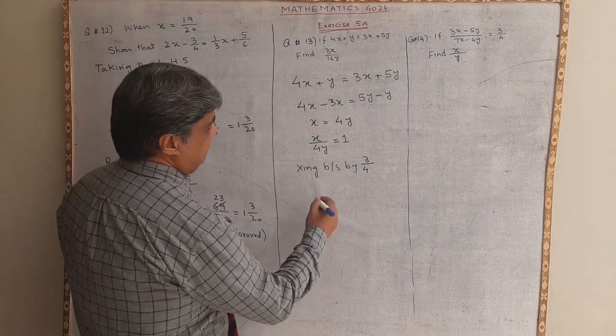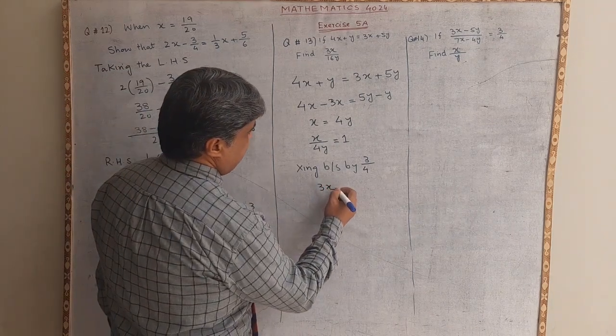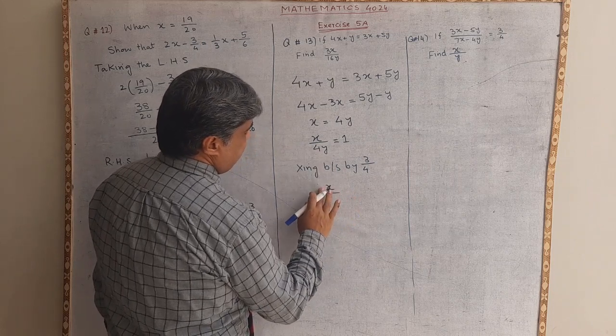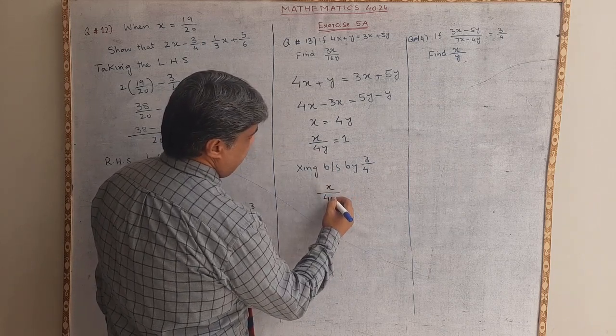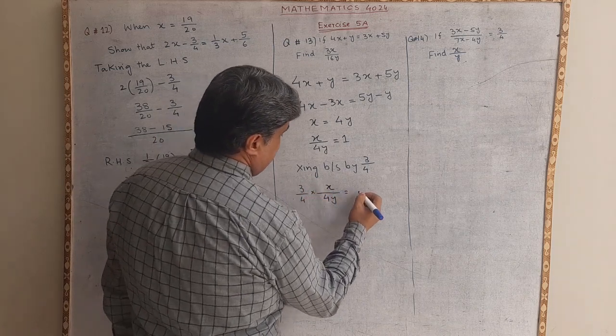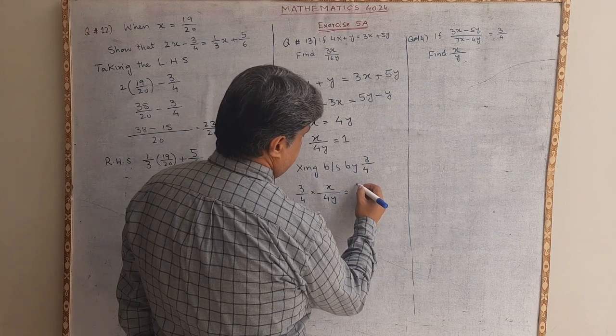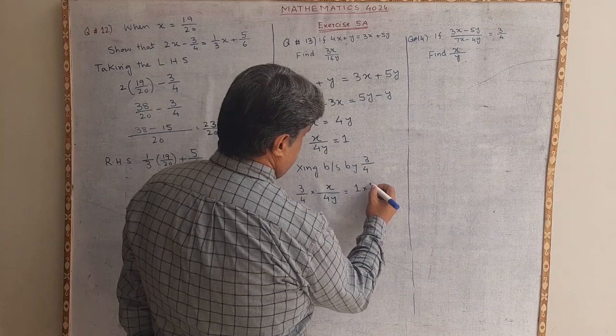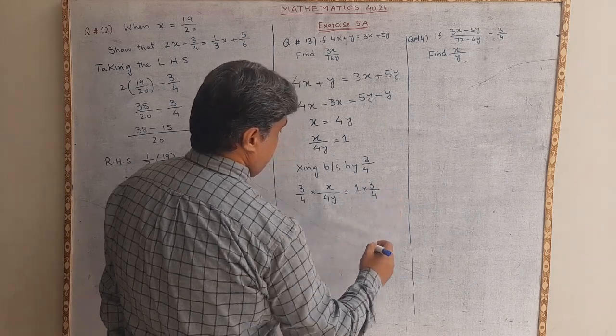So we will get 3x into, let me do it separately, not directly, 4y, and I have to multiply 3 over 4 on both sides. So here it is 1 and 3 over 4.